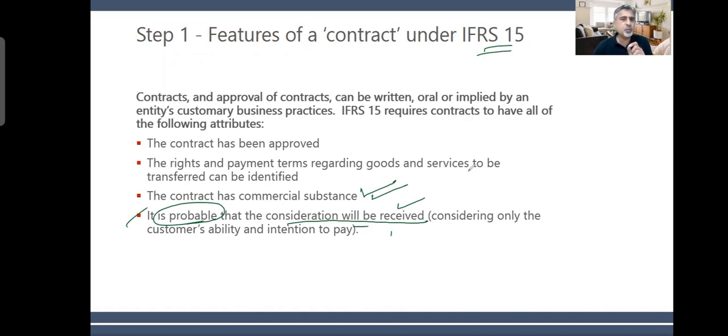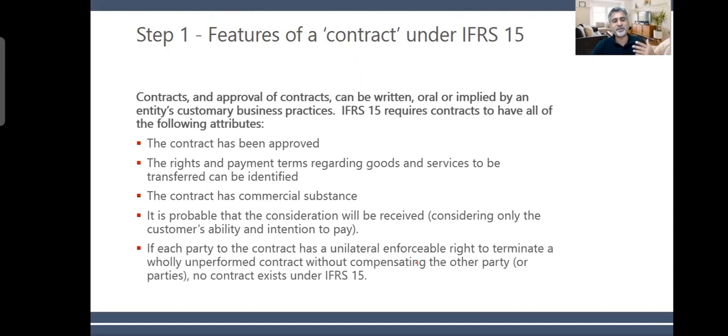Because sometimes you will see in a question statement, in an exam scenario, that the customer does not have the capacity to pay, or the customer is suffering from some kind of financial difficulties. For revenue, it is important, because I'm going to book it as my revenue. I'm going to tell it to my shareholders. If there is no possibility of getting the money, why should I tell my shareholders that I have this revenue?